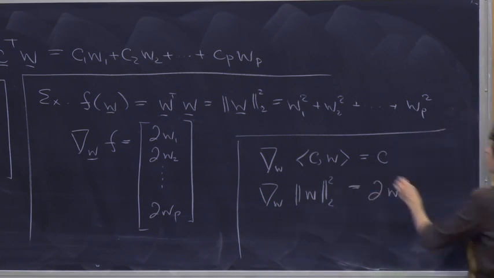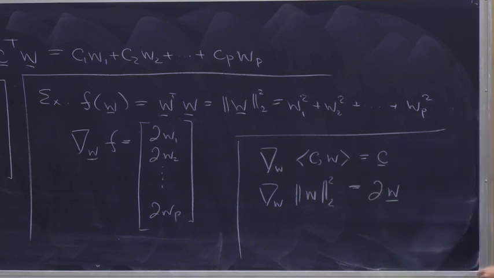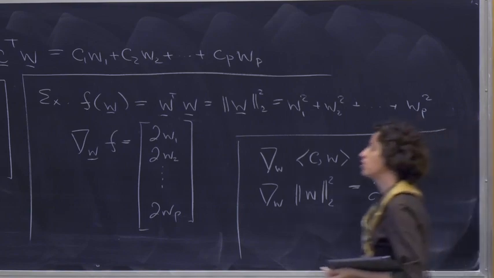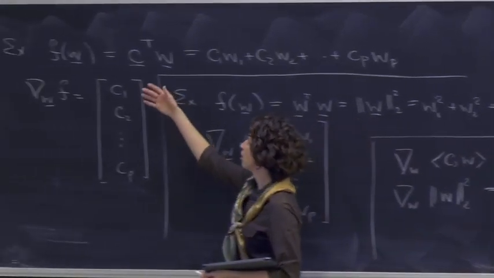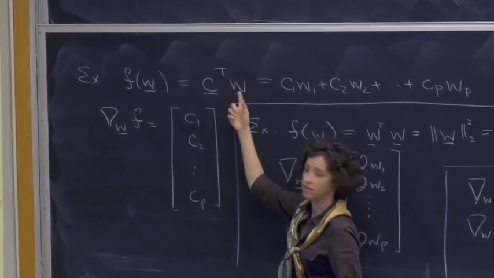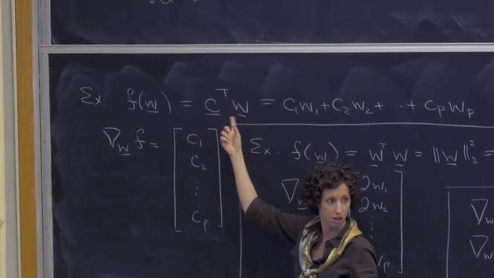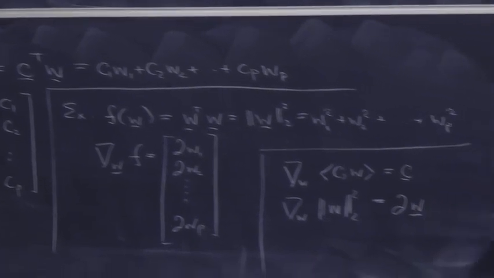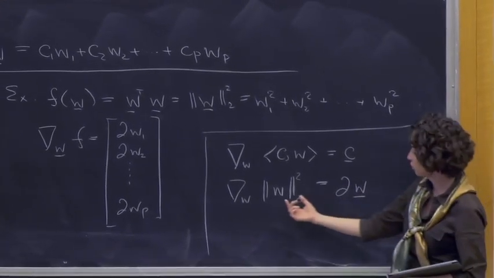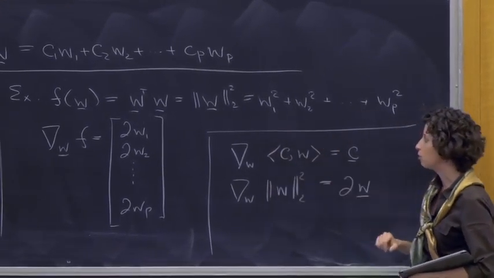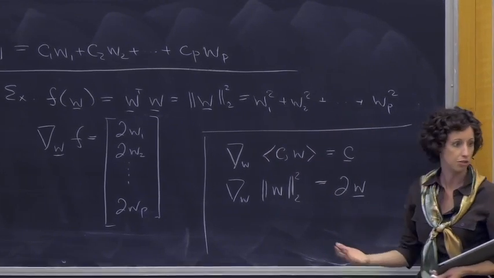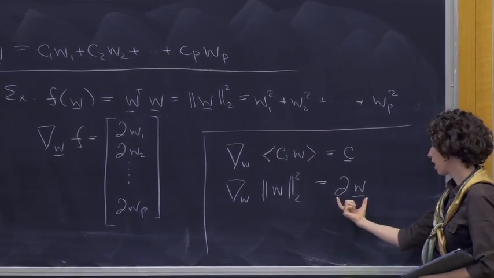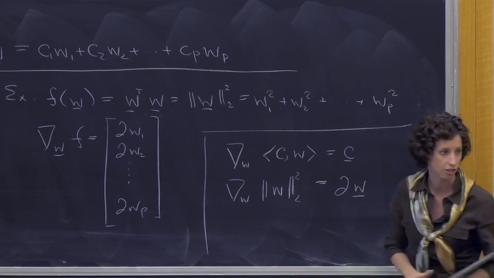And hopefully this feels natural and consistent with your understanding in the scalar case. Because if these were scalars, I just have a constant times my variable w, then the derivative is simply the constant, right? And if w were a scalar, so my function is just w squared, then the derivative is 2w. And here we've got the same thing, 2w, it's just a vector instead of a scalar.